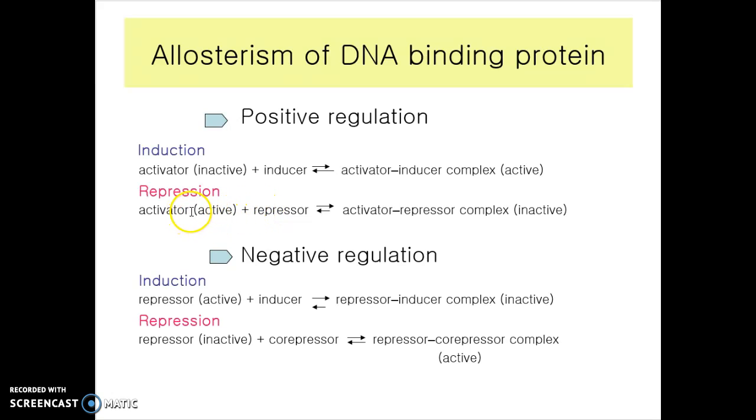Itself is in active state, but with the repressor, it could be inactive.